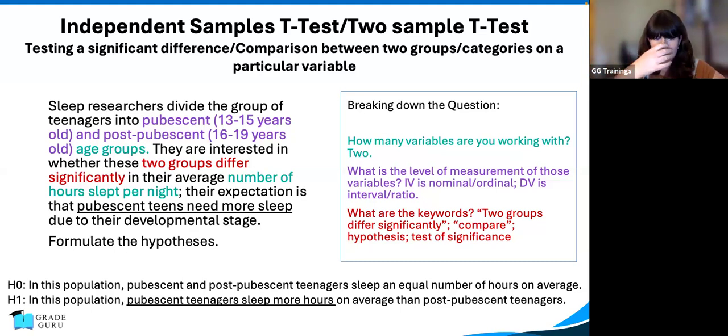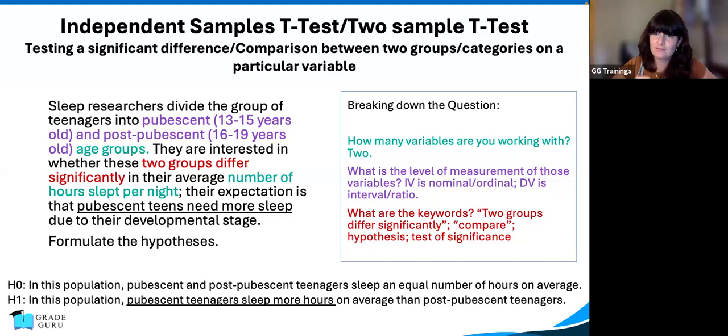So in this example, pay attention to the hypotheses. The first one is that these two groups of teenagers are equal in their average sleep. If it was non-directional, I would say that the two groups are not equal. I'd say pubescent and post-pubescent teens do have a different average of sleep.